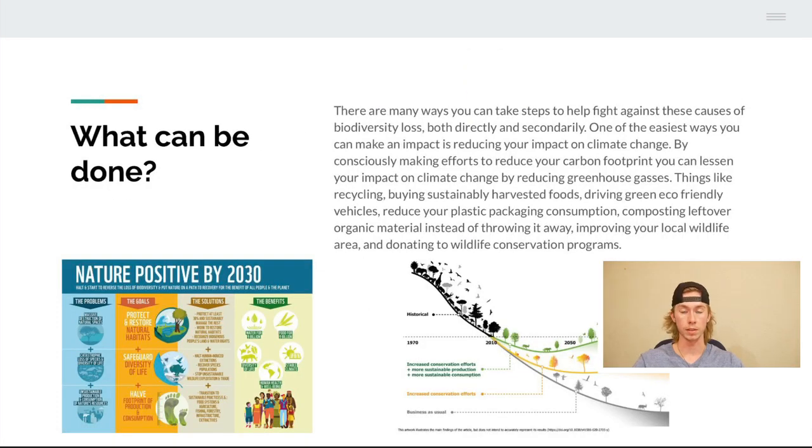So what kind of things can be done in order to combat this? One of the easiest things you can do to make an impact is by consciously reducing your carbon footprint.